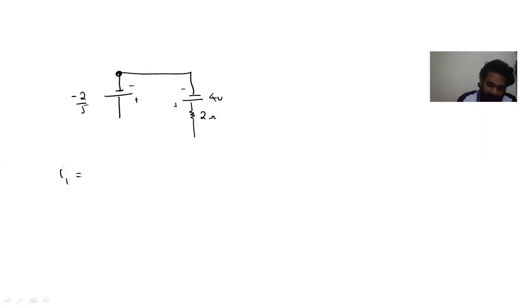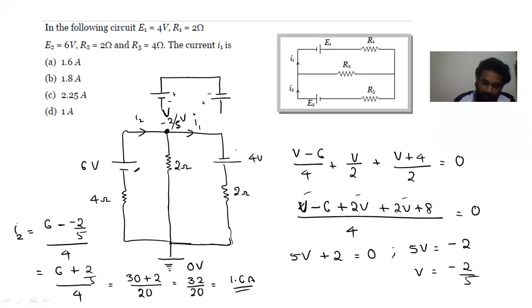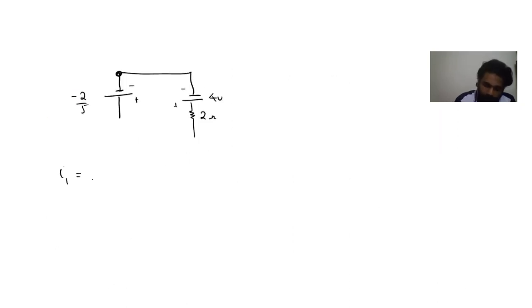So I1 is equal to, in which direction will I1 be? Let us take the present direction itself. I1 is equal to minus 2 by 5 minus of minus 4, divided by 2.